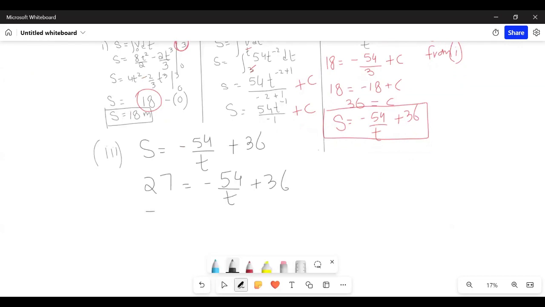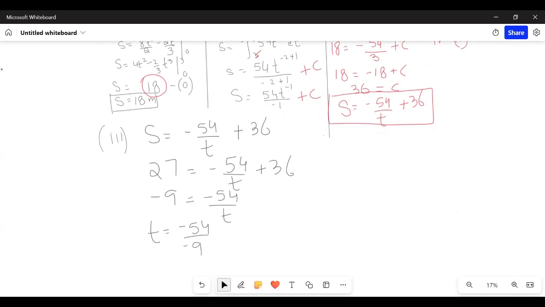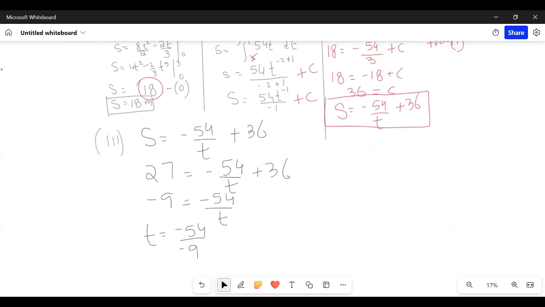Minus 9 is equals to minus 54 upon t. यहाँ आ गया t equals minus 54 by minus 9 which is 6. So 6 seconds पे डिस्प्लेसमेंट हो जाएगी 27.